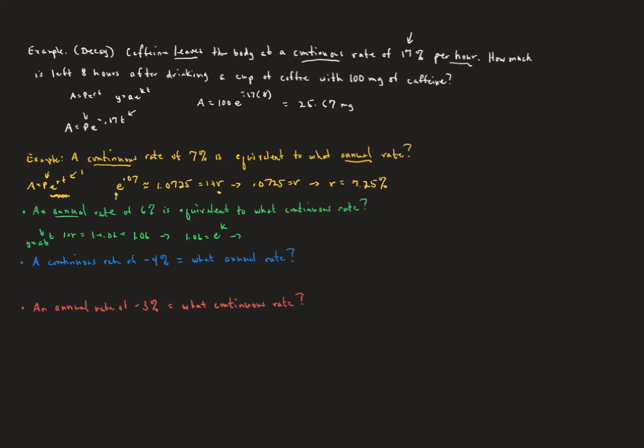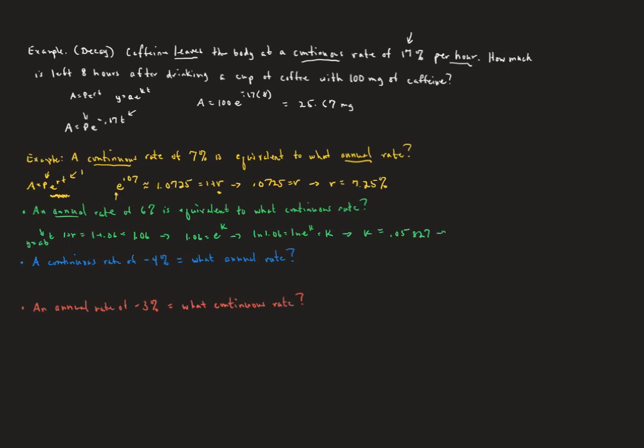So you might recognize that we're going to take the natural log of both sides, and when you take the natural log of e to the k, once again we see the natural log and Euler's number cancel, and so we're going to get k is equal to the natural log of 1.06, and I believe that's going to be 0.05827.